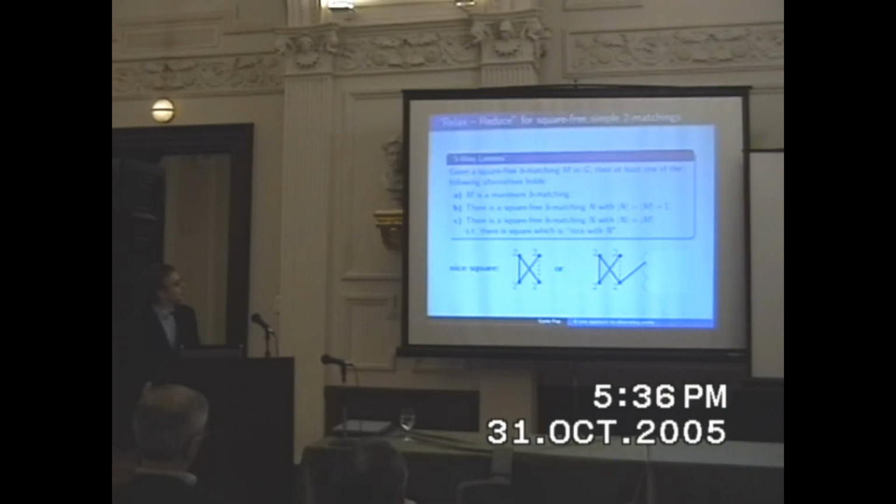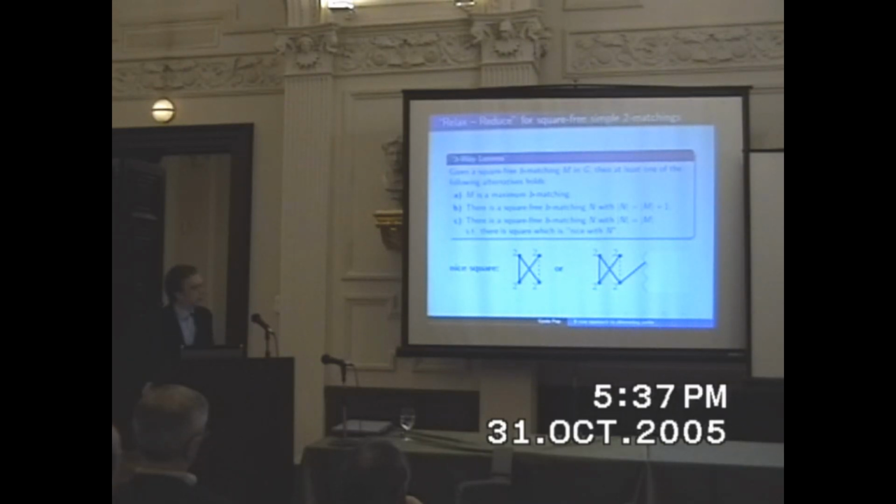So there is another same size square-free B matching N and a square such that they fit each other like this. I call it a nice square with respect to N.